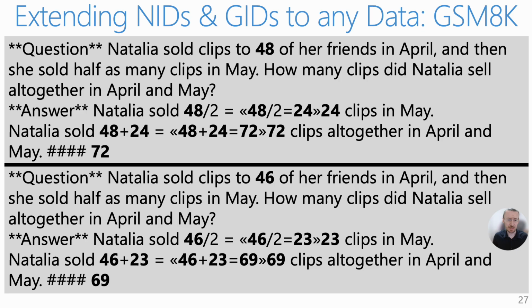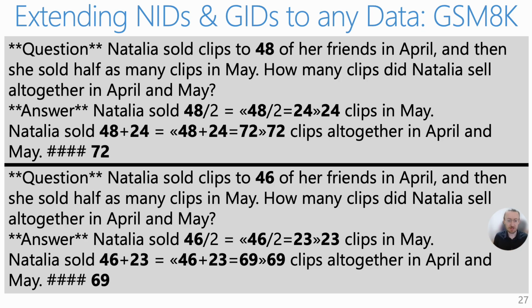In this example, for one of the samples from GSM-8K, you can treat the number, in this case 48, and all derived quantities such as 24 and 72 as the natural identifier variable, and simply substitute them with different numbers as generated identifiers in a consistent way.